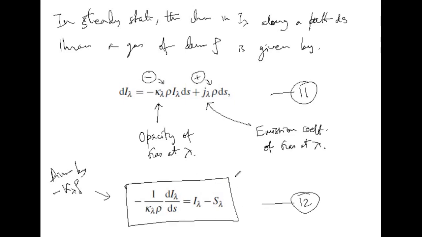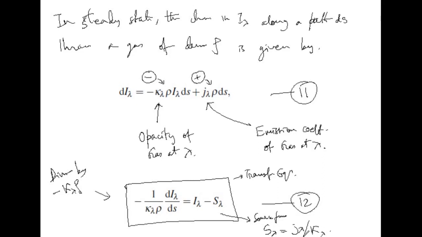So this is the transfer equation, where this S lambda is known as the source function, and this is given as J lambda divided by kappa lambda.